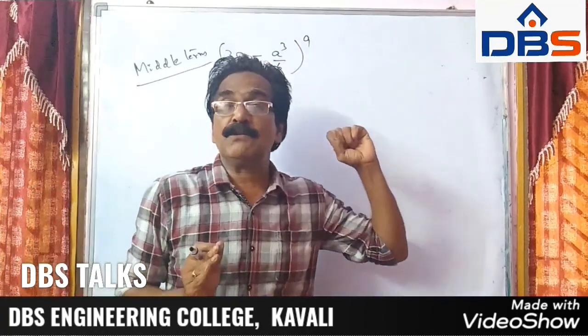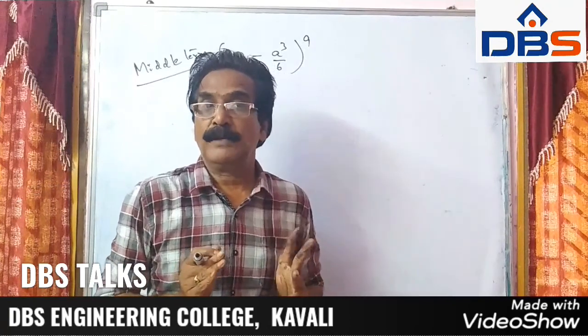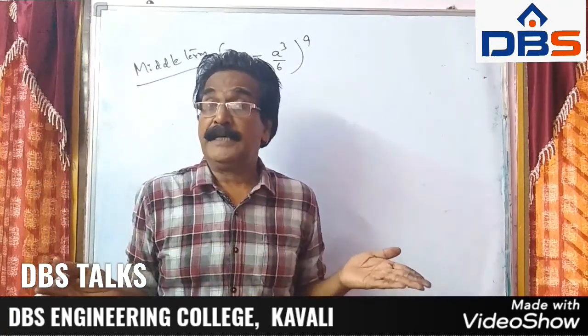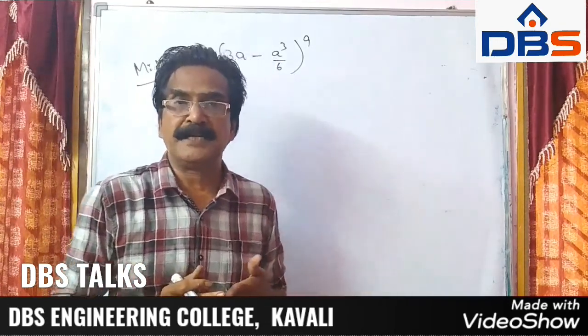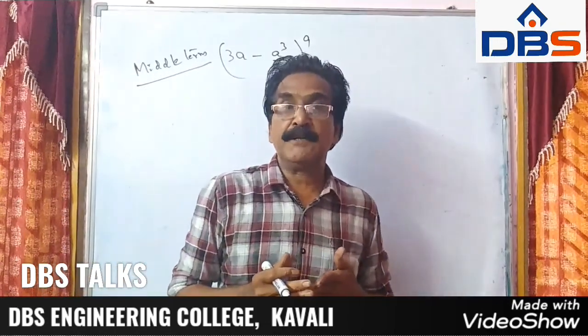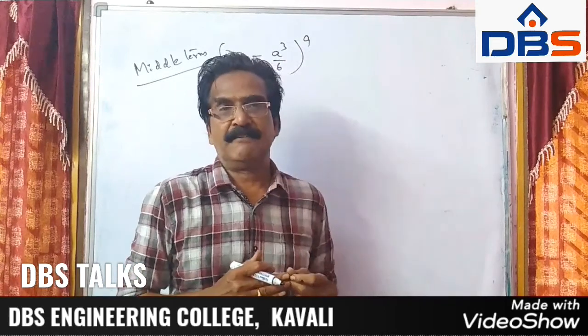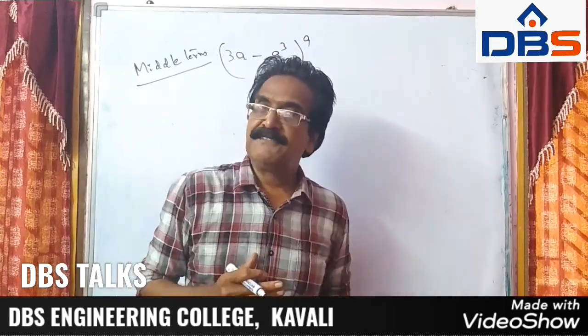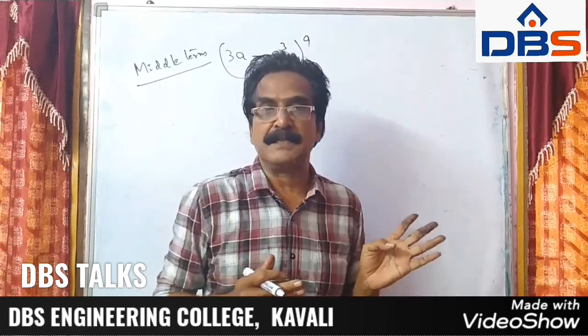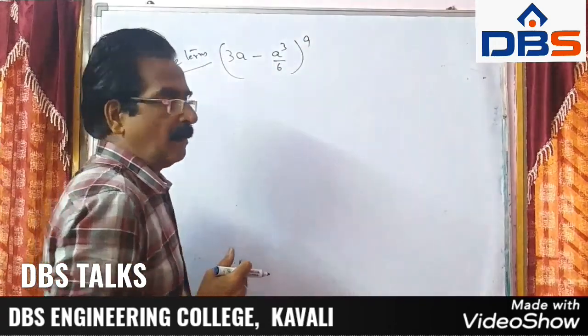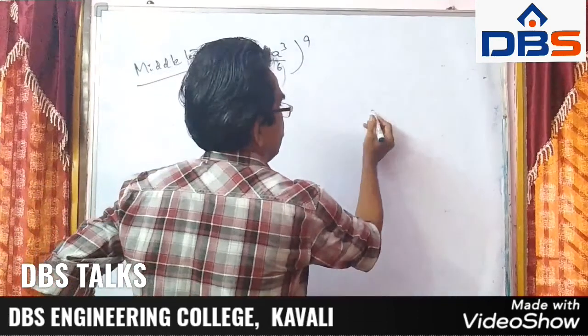Now here n is equal to 9. So there will be 10 terms in the expansion, so there will be two middle terms. The 5th term and 6th term are the two middle terms.